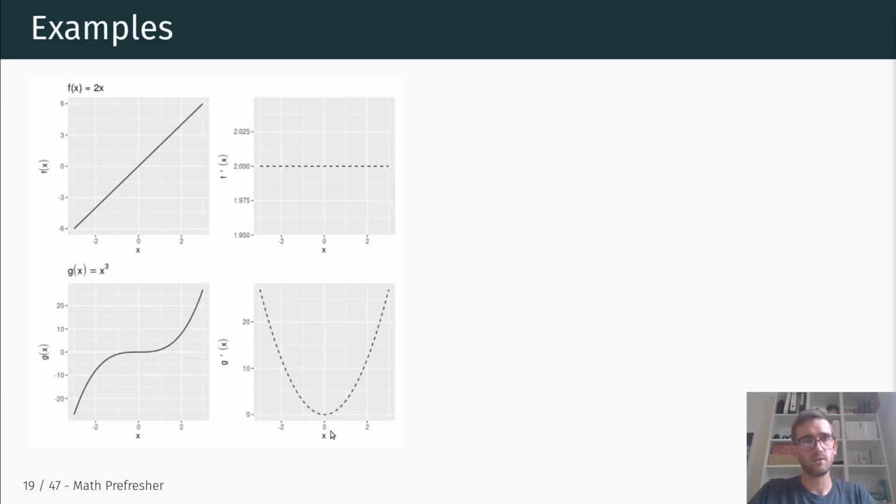Okay, and so if we look at the derivative g prime of x of that function, we see that the slope itself, so the rate of change, is always positive. It's always above 0. It is higher as we move further away from 0 towards minus infinity or plus infinity, and it decreases up to this point 0, where it just touches 0.